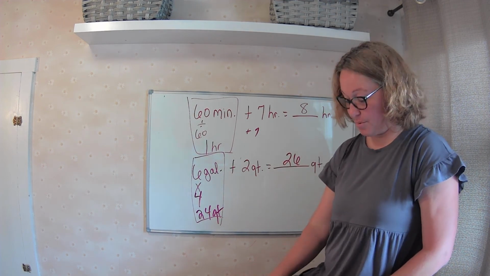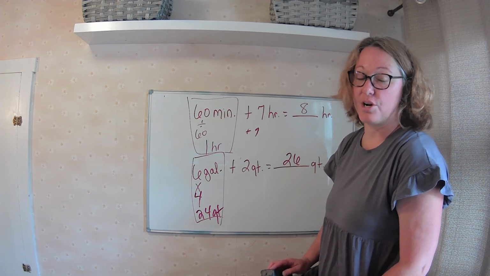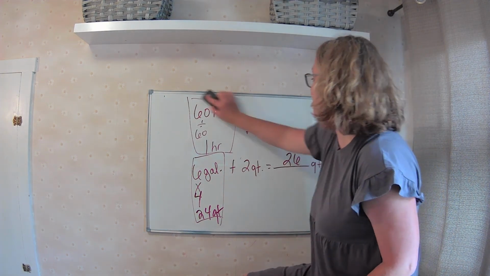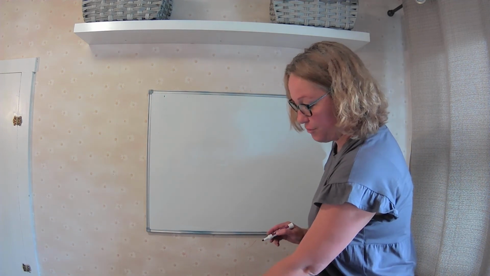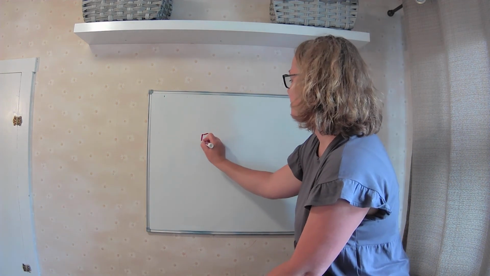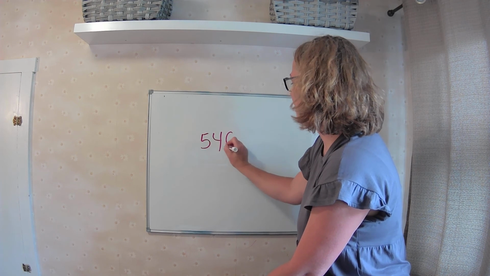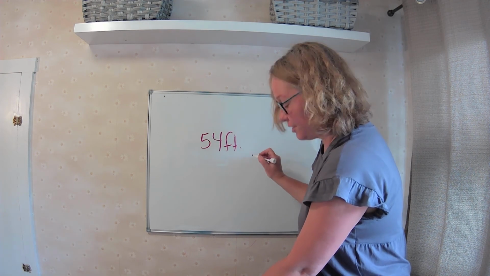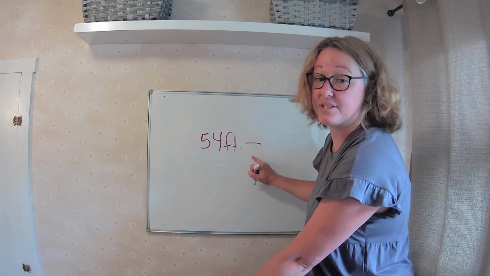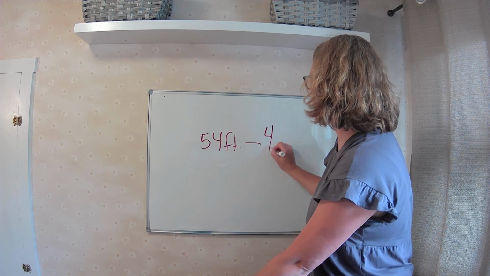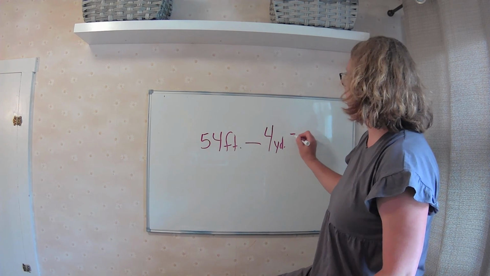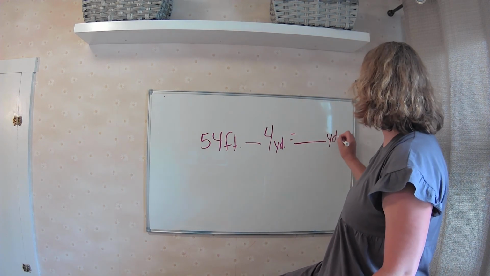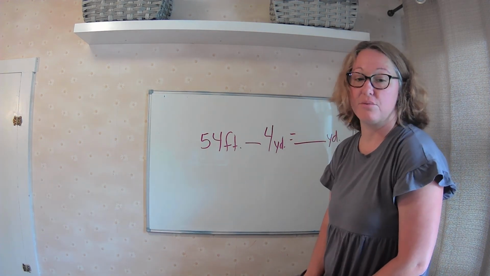I'm going to write a problem on here and let you work on it until the next lesson. All right, I'm going to give you 54 feet. You're going to take away, this time it's a subtraction problem, but you do it the same way, 4 yards. You're going to tell me how many total yards you have remaining.